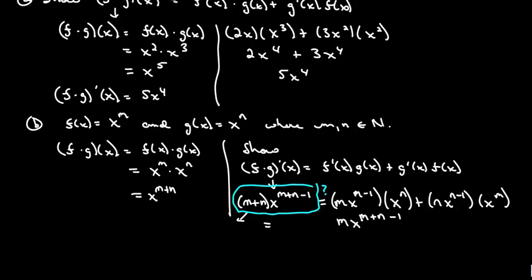And this is n, so x raised to the m plus n minus 1 again. And now, if I factor out an x raised to the m plus n minus 1, I get m plus n times x raised to the m plus n minus 1. And so the two sides are now equal to each other, which is what we were trying to show to begin with.